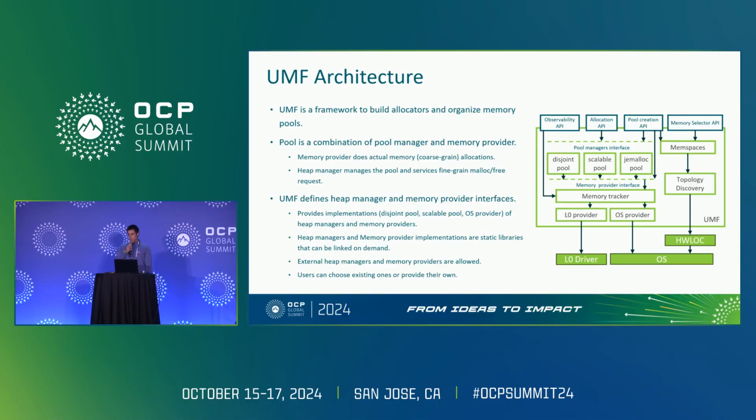User can select which of these pool managers to use, depending on the specific use case, because they have different properties and different use cases usually. As for memory providers, we have provider that manages operating system memory, so this can be used for allocating local DRAM, HBM, or CXL memory, and L0 provider, which is used for managing GPU memory for Intel GPUs. Also, users can provide their own implementations of both memory providers and pool managers, and they can plug it into this library.